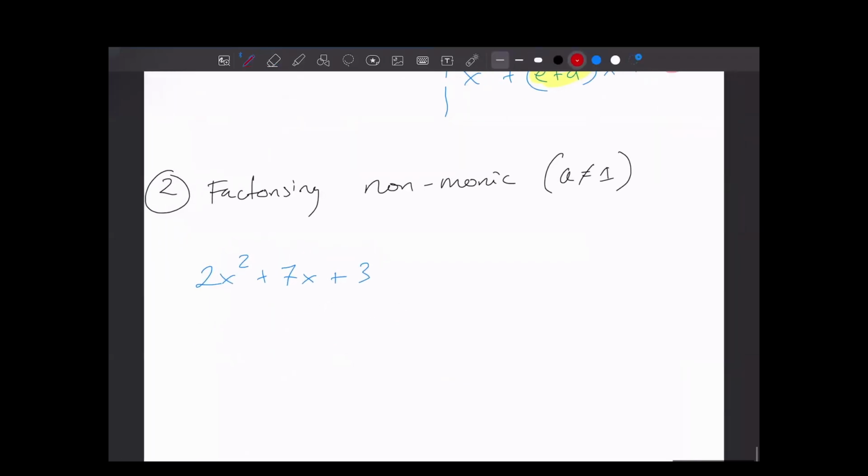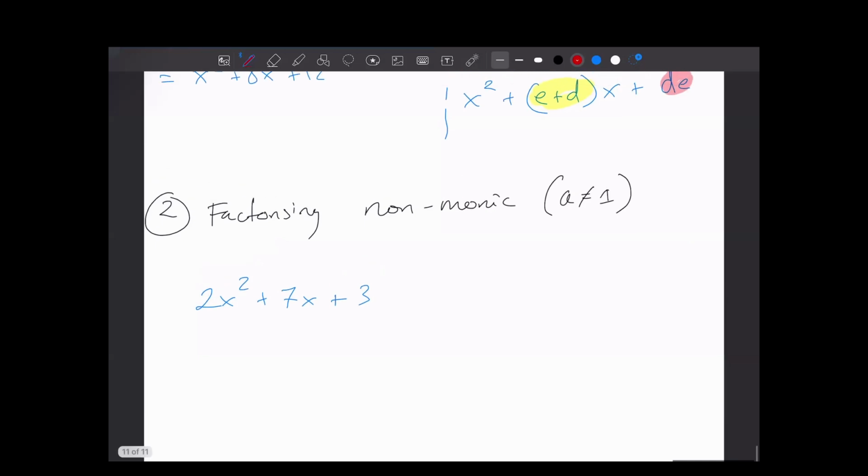I'll talk you through it, and you interrupt me if you remember learning this technique. If you have a non-monic, the trick is you imagine you multiply the a term by the last term you have. So in this case, it would be six, right? Yeah.